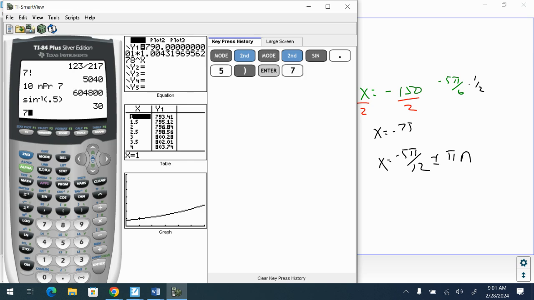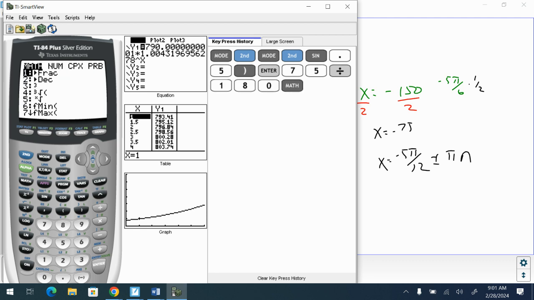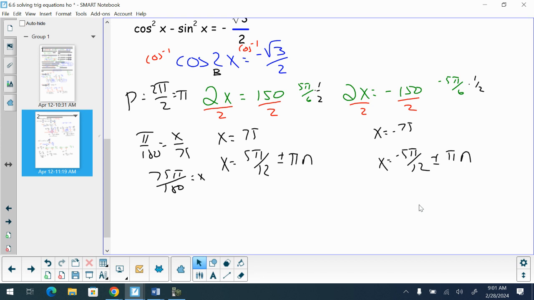If we have 75 divided by 180, hit your math button, hit enter. That will take you back to your 5 pi over 12. So your calculator will do that for you. You have to, once again, find what's good for you and work through the problem then.